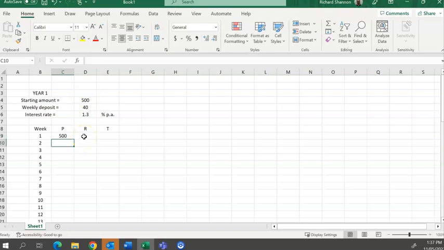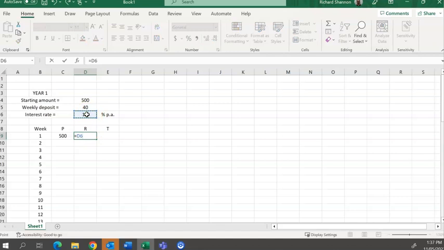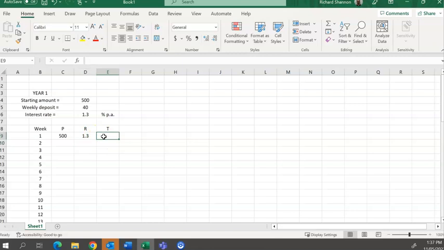Rate. I want it to read that 1.3. So enter, bang, 1.3. Now, time. Time is 1 week, but see how the interest rate is percentage per annum? I need to divide it by 52.